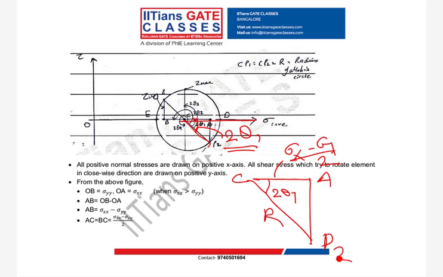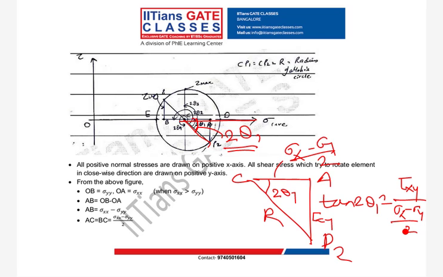Now tell me, what is tan 2 theta here? And this is your tau xy. So what is tan 2 theta 1? It is tau xy upon sigma x minus sigma y by 2. Right? Now in the diagram it won't be a bit clear till you get the diagram. I have drawn it outside, taking the triangle out.